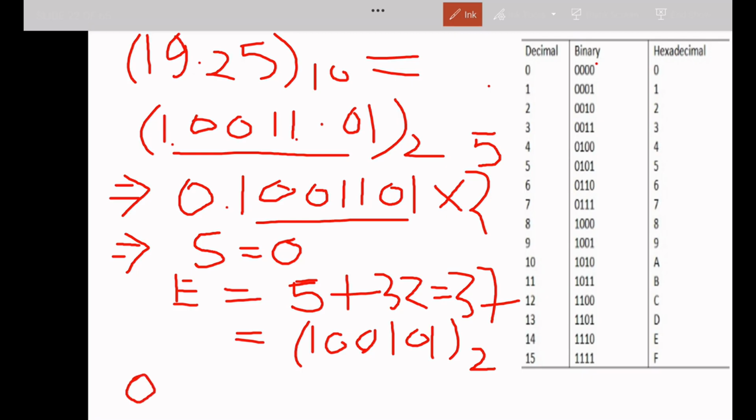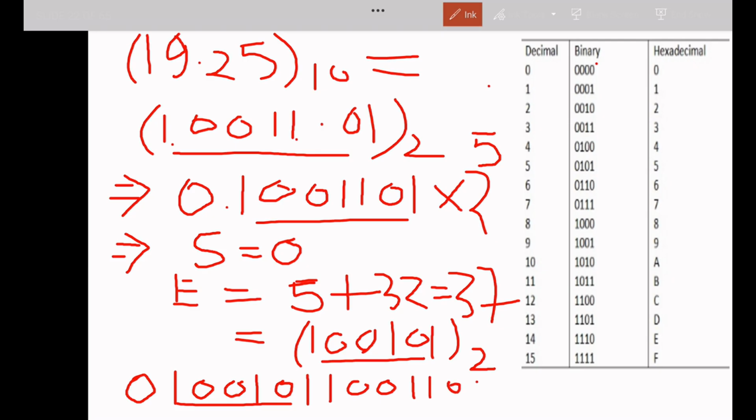Then your exponent is 1 0 0 1 1 0 1. This is your exponent, already we have written. After that I am writing your mantissa. My mantissa is 1 0 0 1 1 0 1. This is my mantissa. Done.